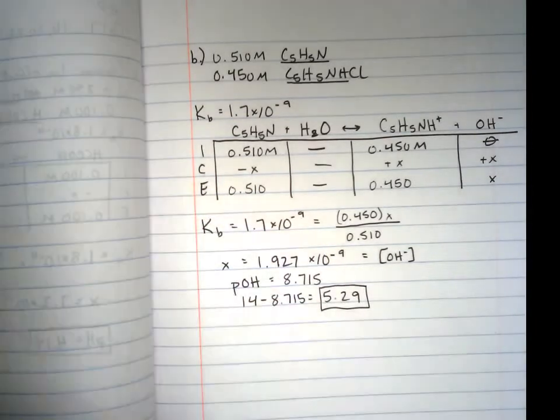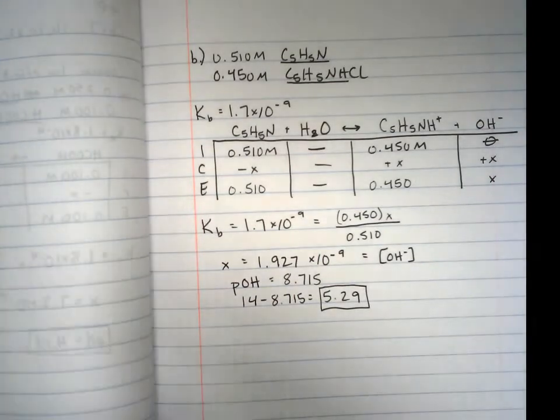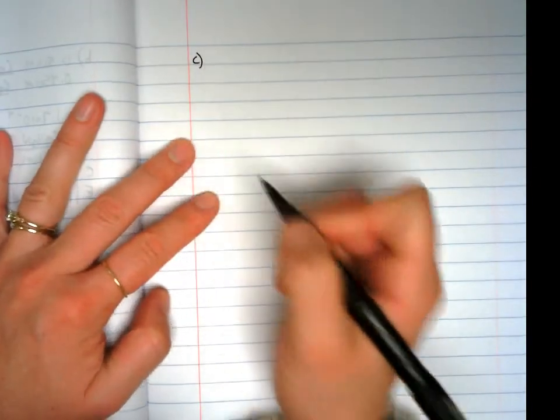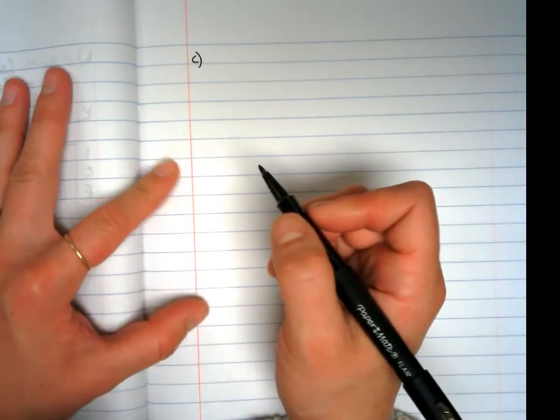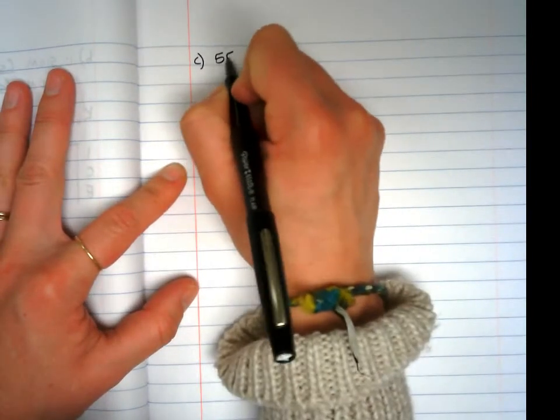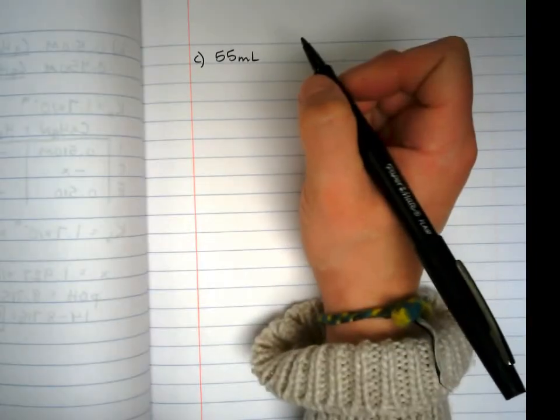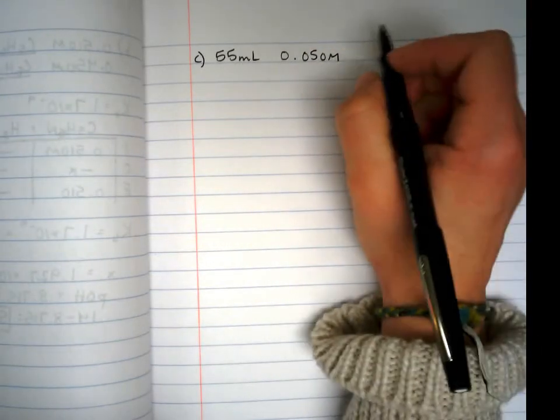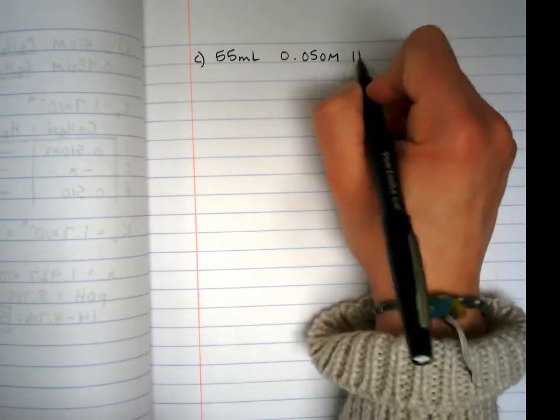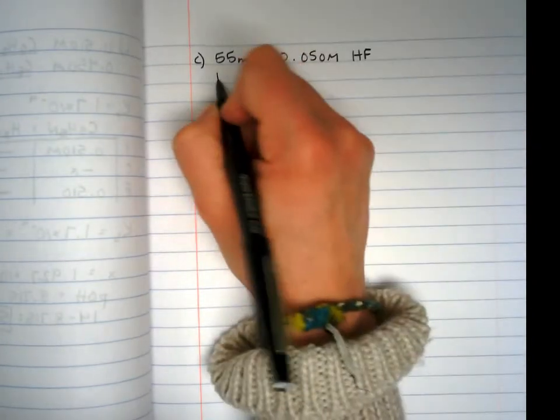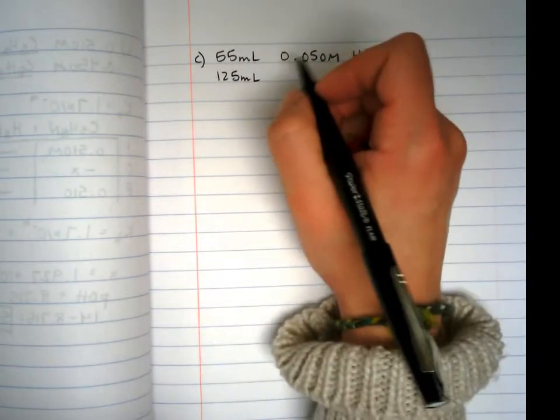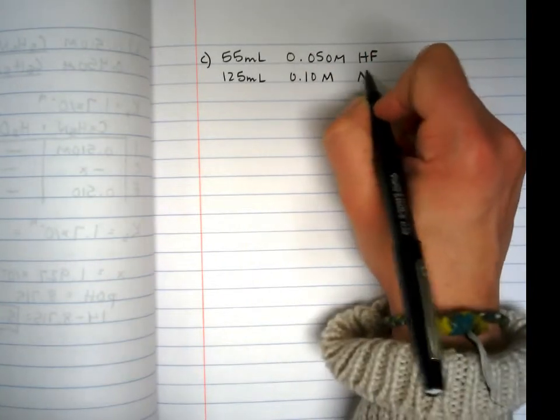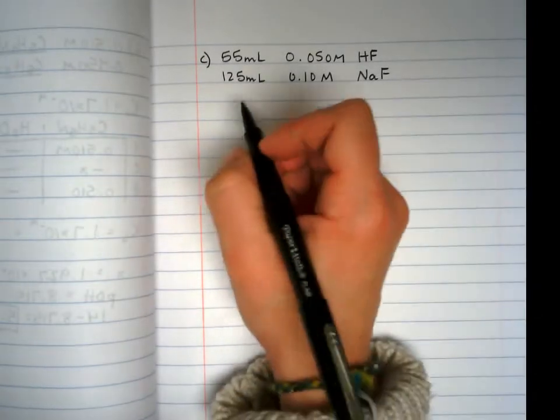Let's go on to number 3. Or, I'm sorry, C. So C says, a solution that is made by combining 55 milliliters of 0.050 molar hydrofluoric acid, HF, with 125 milliliters of 0.10 molar sodium fluoride, NaF.